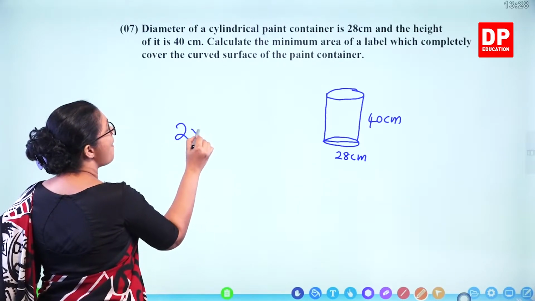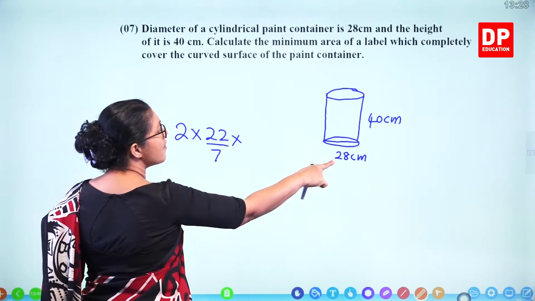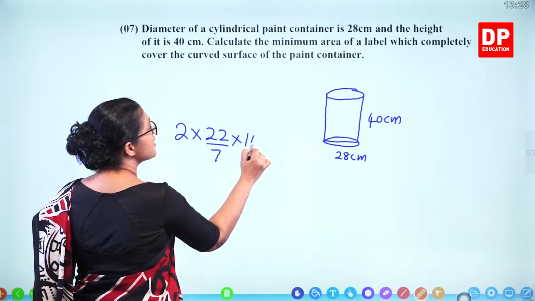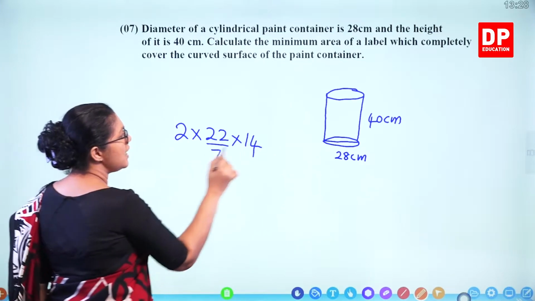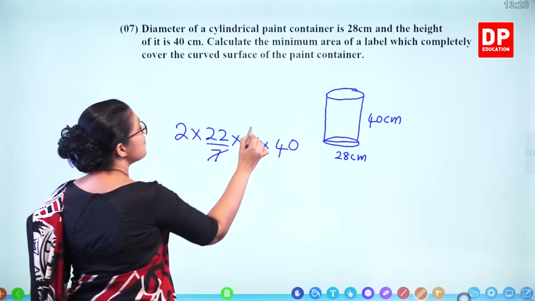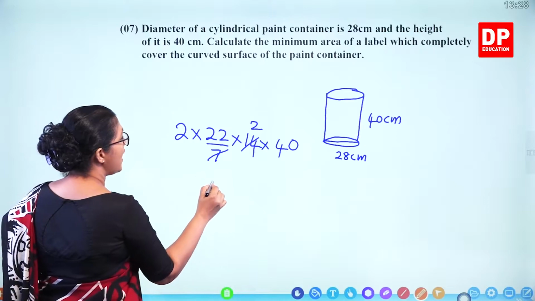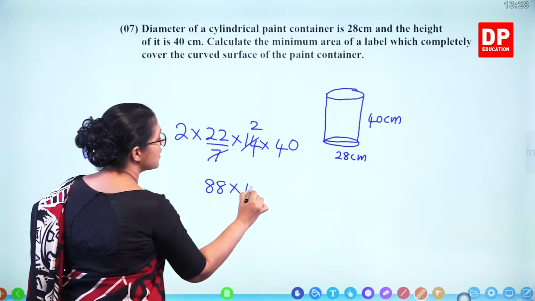So 2 pi r, that's 2 times 22 over 7 times r. The diameter is 28, so what's the radius? 14, and the height is 40. So 7 times 2, 2 times 2 is 4. 4 times 22 is 88, times 40.